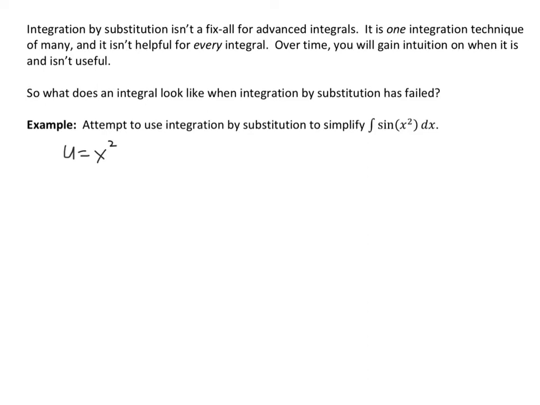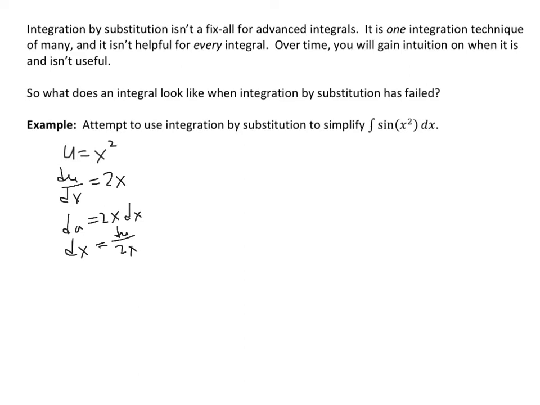We learned in our previous lesson that x squared is composed inside of sine, and that's one of the signs of a good substitution. So the derivative, du dx, would be 2x, and so we'd have du equals 2x dx, and then I could divide that 2x over. So dx is du over 2x.